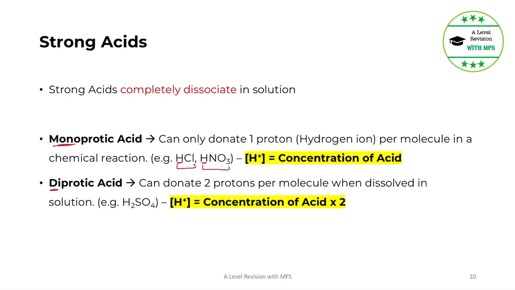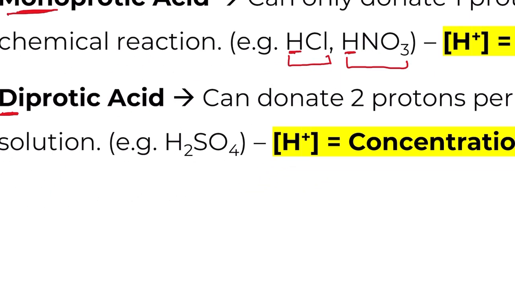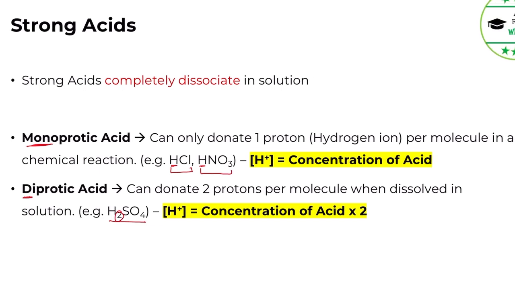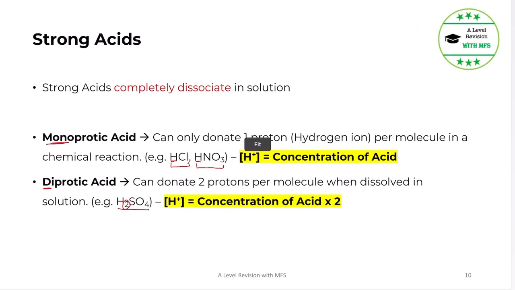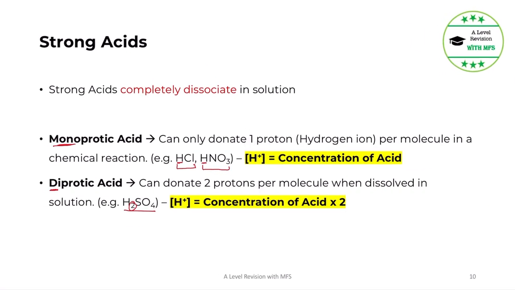A diprotic acid can donate 2 protons per molecule, and the prime example of this is sulfuric acid. We've got H2SO4, we've got 2 next to the H. That tells you that there are 2 protons per sulfuric acid, and this is a diprotic acid. The reason why is because it can donate 2 of those hydrogen ions in a chemical reaction.